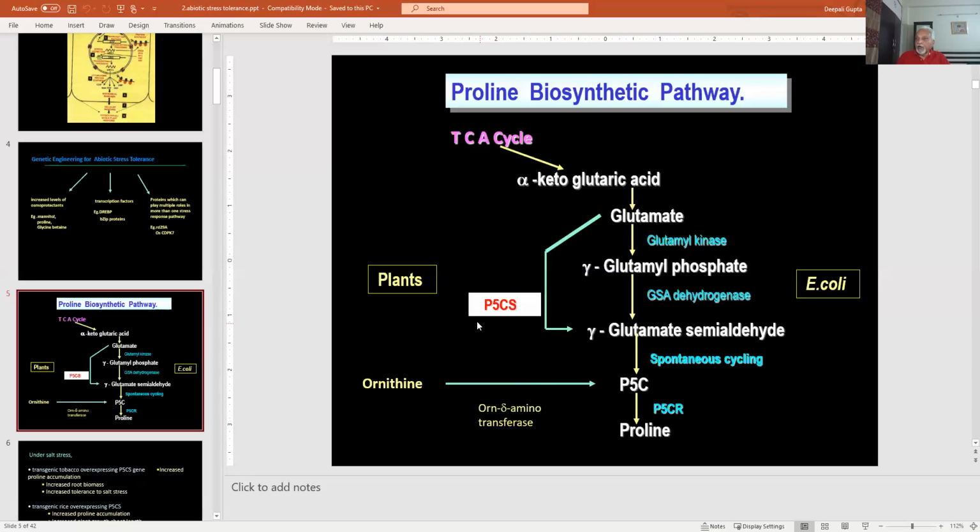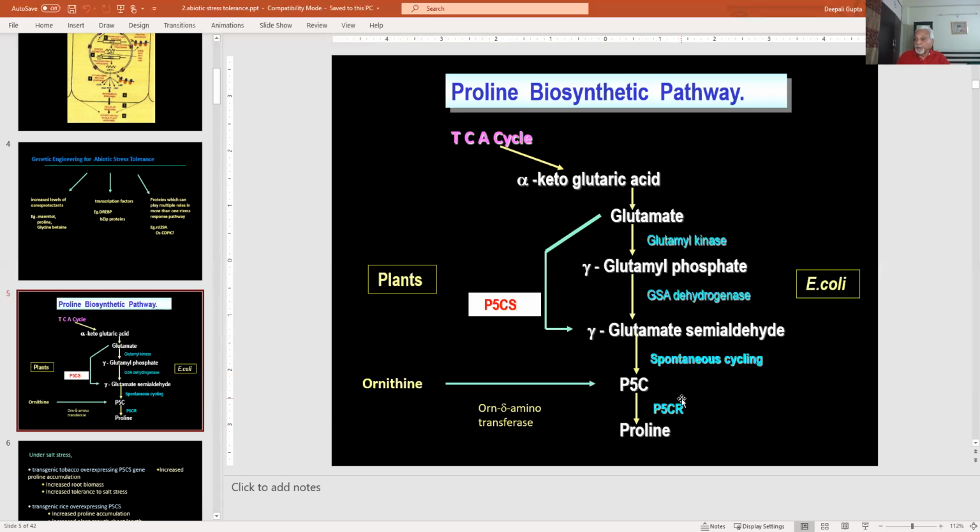They also found out that the plants have both the pathways, which work independently, in the sense that under normal conditions, this one is the pathway followed to make proline, because proline is one of the important amino acids under normal conditions. But when the plant is under stress, then this other pathway is switched on to make more proline.